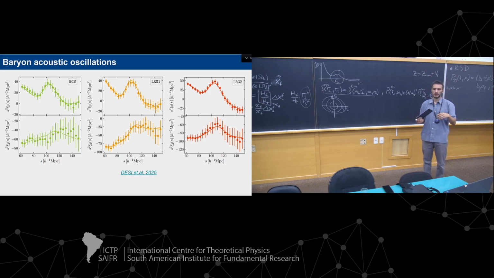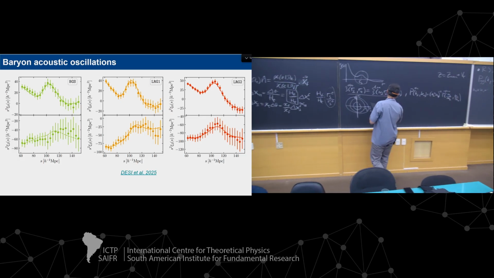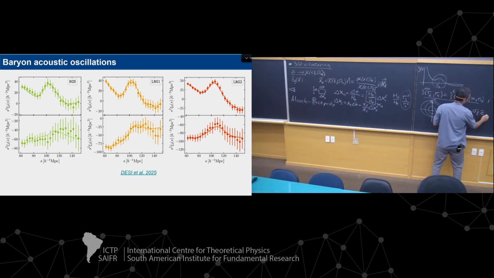For large-scale structure, we usually don't think in terms of AS. We think in terms of sigma 8 as a parameter that parameterizes the amplitude of the power spectrum. Sigma 8 squared is 1 over 2 pi... so it's basically the variance of the power spectrum on spheres of 8 h inverse megaparsecs.